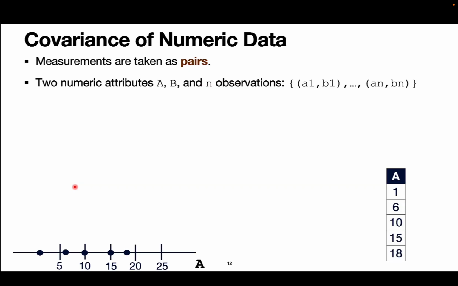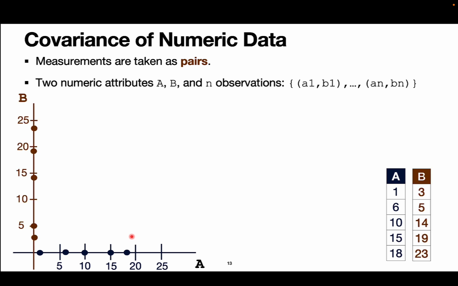Let's say we have a set of observations called A. This is how it looks when we only have values for one attribute. Now, let's introduce a second attribute B. As you can see, everything in blue belongs to A and everything in brown belongs to B.